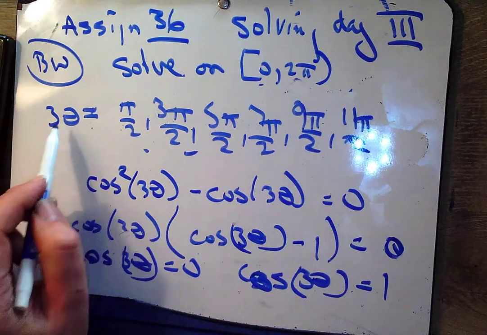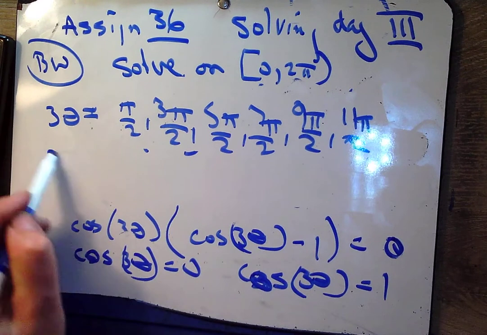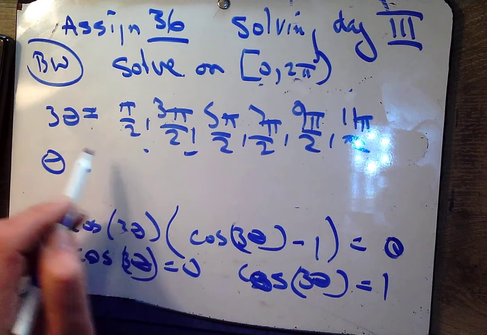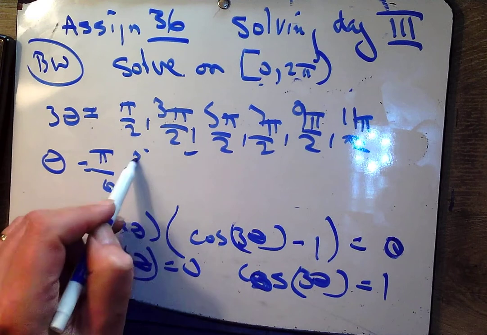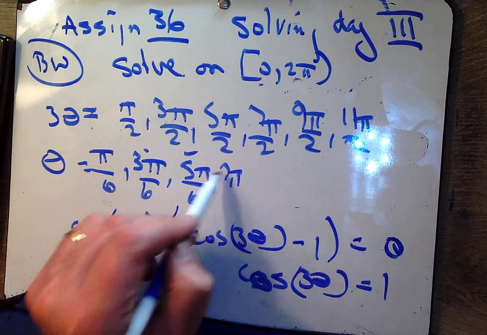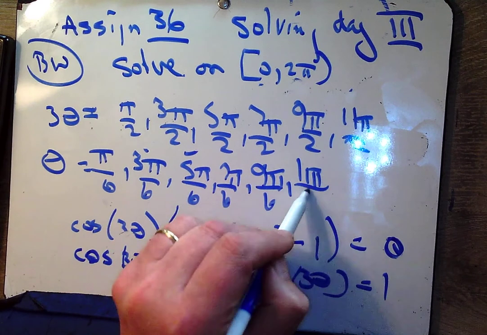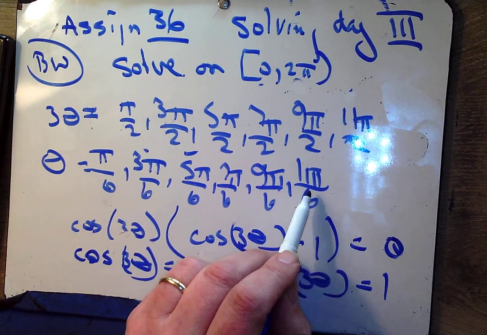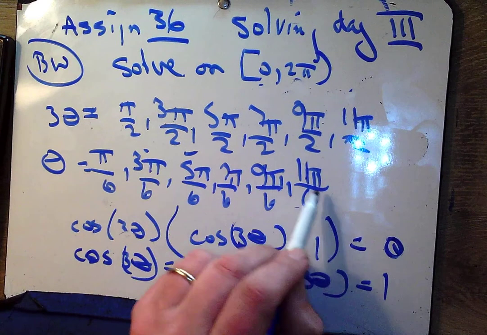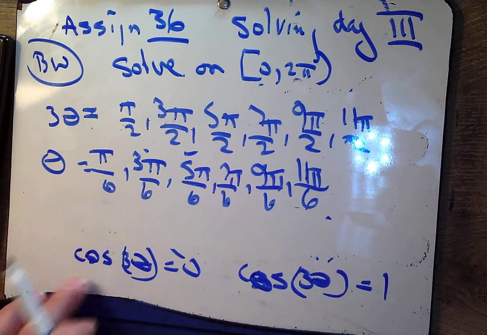Remember, this is on 0 to 2 pi, so I have to go around that many times picking up solutions, and then divide those solutions by that b value. That gives pi over 6, 3 pi over 6, 5 pi over 6, 7 pi over 6, 9 pi over 6, 11 pi over 6. 12 pi over 6 would be 2 pi, and this is just less than that. That's when cosine is equal to 0.